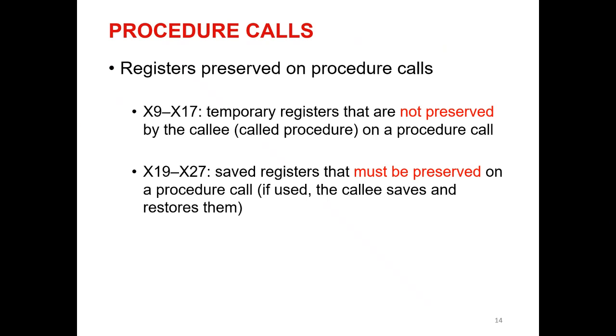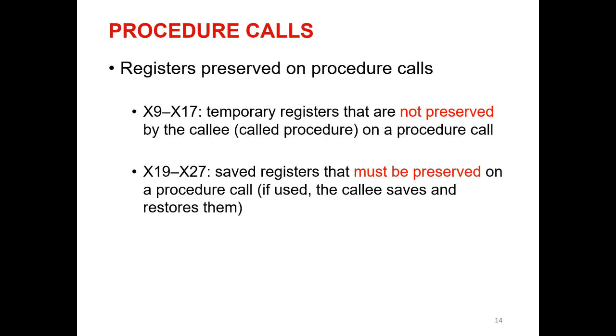Someone is asking, using BR LR, will the address of the next instruction be stored again in LR? So no, remember that what we have seen is that in order to store something in LR, I need to use the BL instruction.